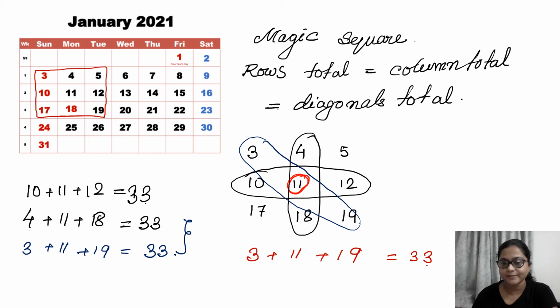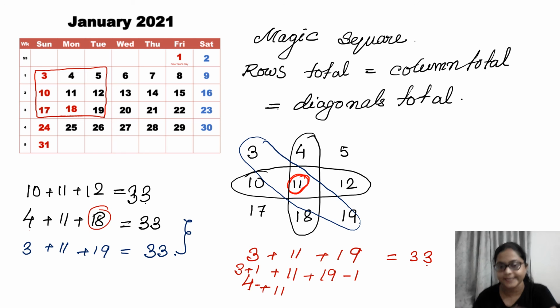Instead of 3 we are considering 4, that means we are adding 1 to 3. 11 is constant in both sums.